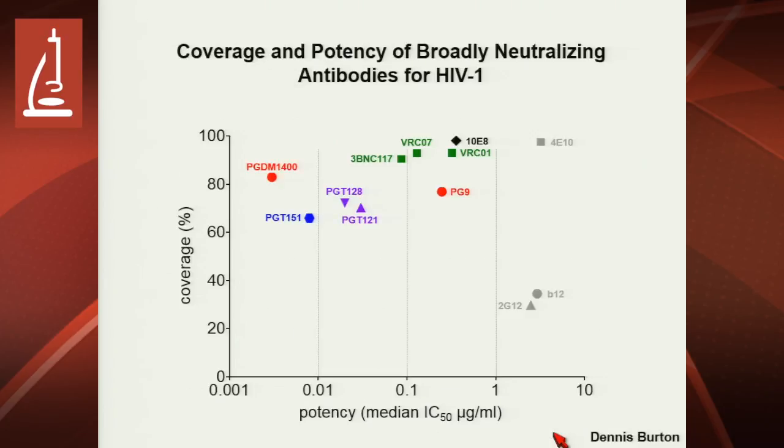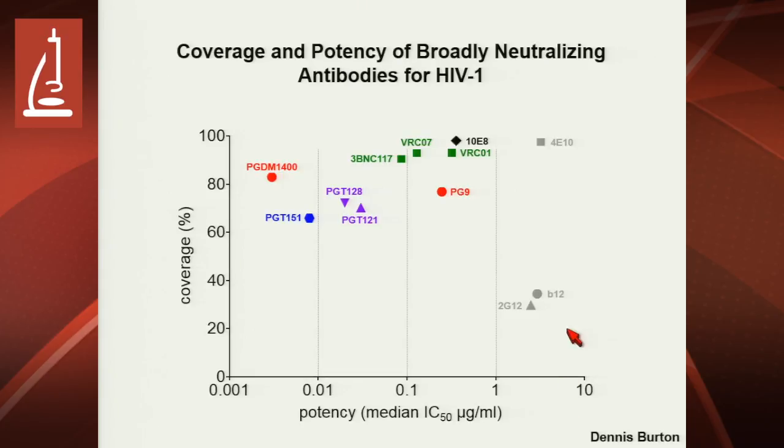The development of broadly neutralizing antibodies for clinical application really became possible over the last 5 years because of the generation of a very large number of impressive new monoclonal antibodies against HIV envelope. This is a slide that Dennis Burton developed showing the generation of antibodies from multiple different groups.